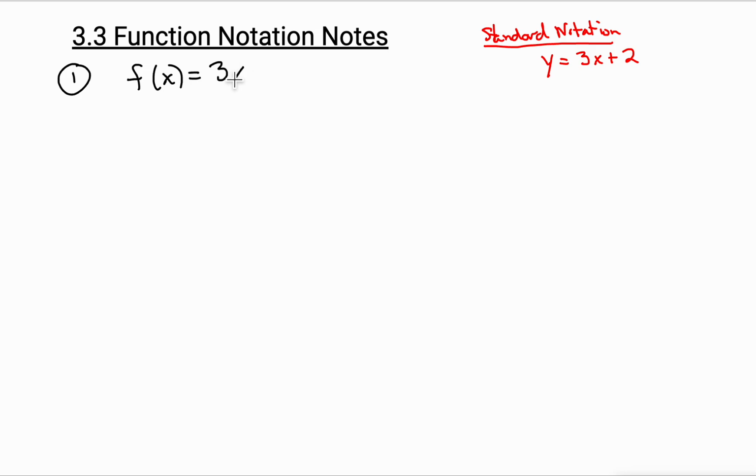We use function notation so that we sometimes don't have to write the whole equation over and over again, and then we can use it in different ways. So this f of x is how we say it. F of x is the same as your y equals. It's the y part, or what we like to say, the output.